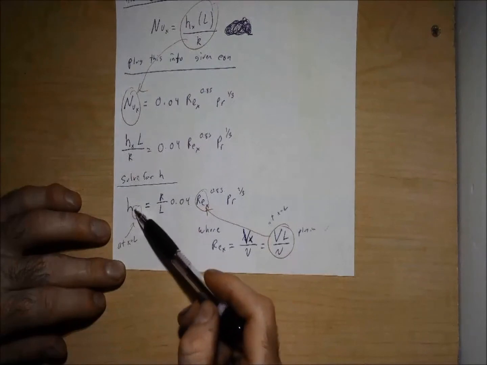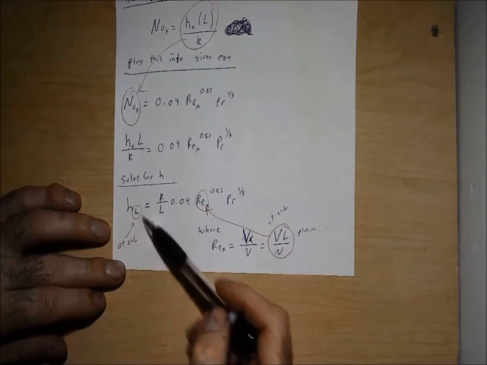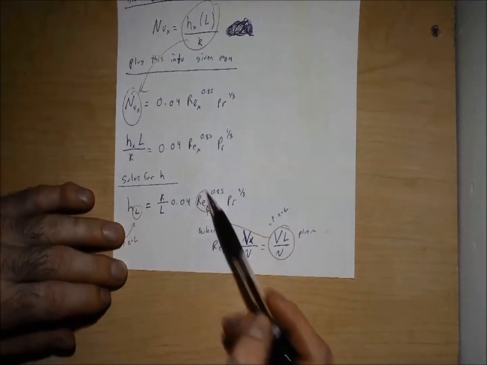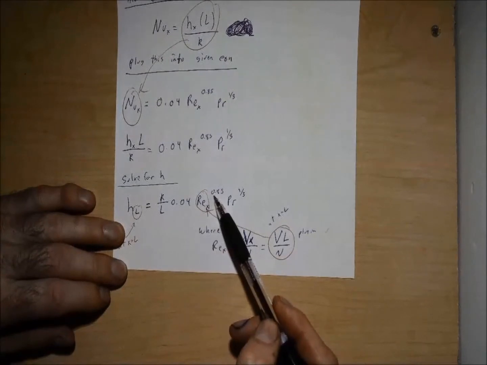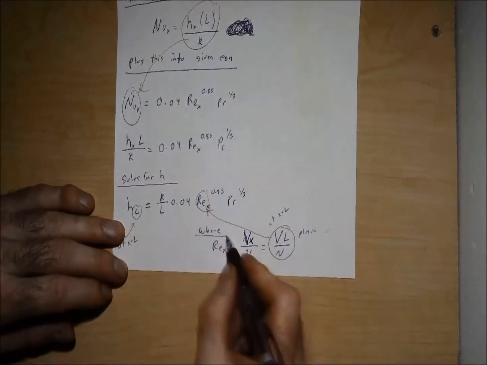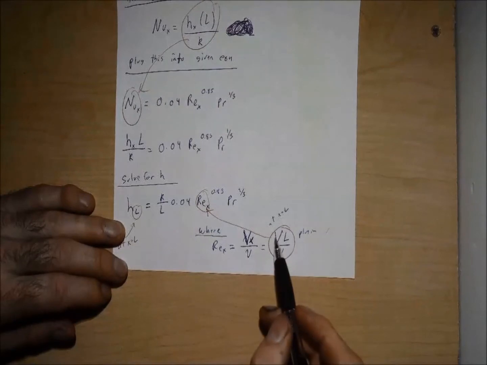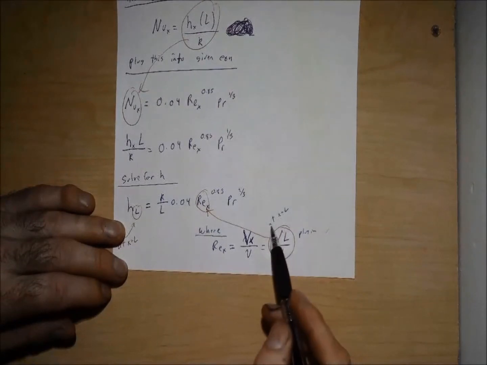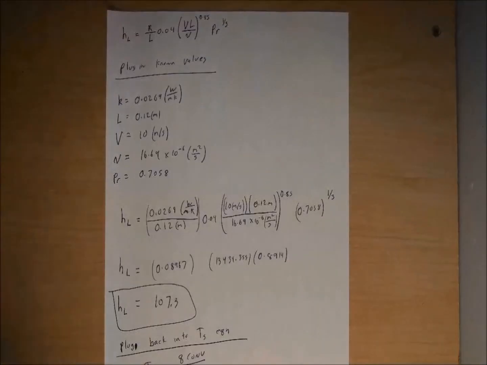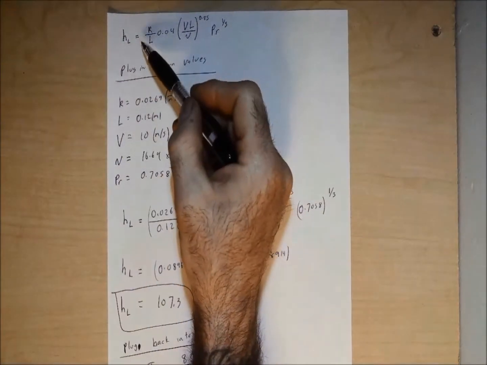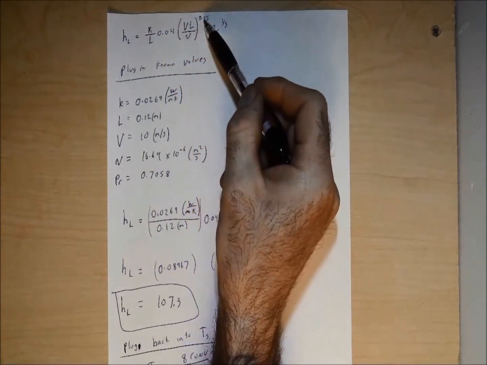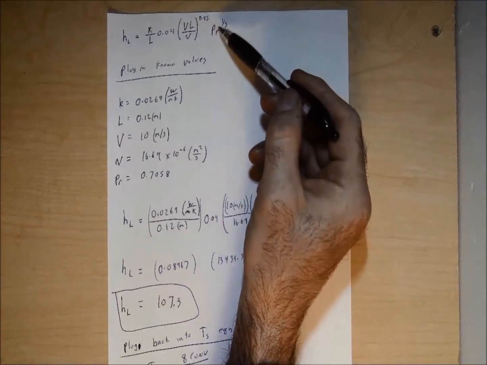So now we have our h of x at L equal to k over L times 0.04 times Re sub x to the 0.85 times Pr to the 1/3, where Re sub x is equal to Vx over nu, or in our case, VL over nu, when x is equal to L. So we can rewrite that equation: h sub L is equal to k over L times 0.04 times VL over nu, to the 0.85, times Pr to the 1/3.